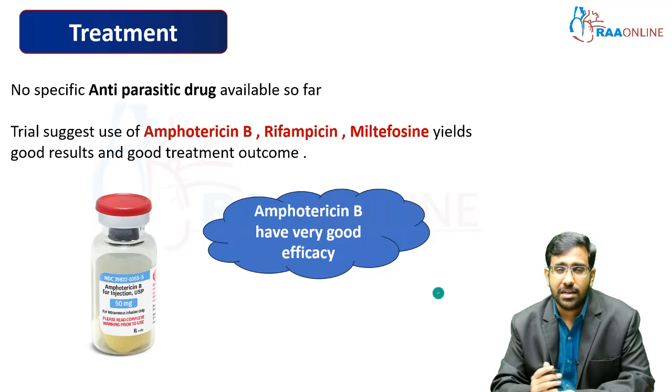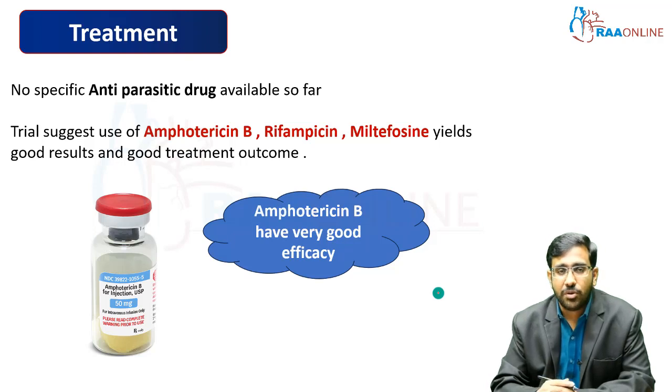This kind of medication can help the patient come out of the infection, but only about 2% of cases recover, while 98% have a high mortality rate. Among these three drugs, amphotericin B has a very good efficacy rate, so we can go for amphotericin B for the treatment of Naegleria fowleri infection.